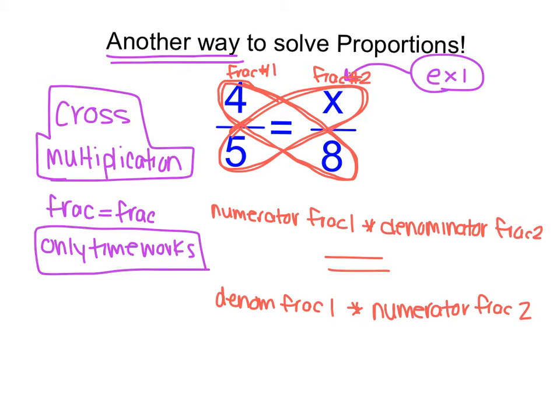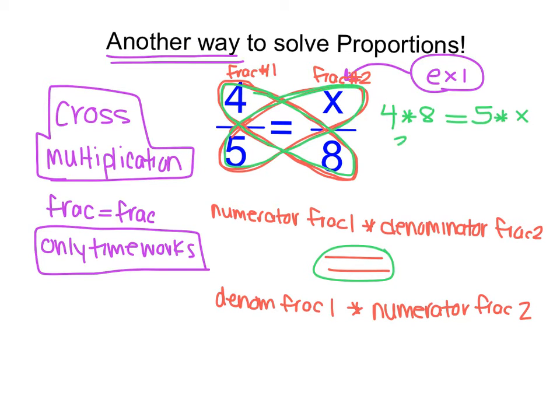So if I write this out over on the side, I take fraction 1's numerator times the other denominator, that's 4 times 8. That is then set equal to 5 times x. So we're able to write a different equation by using this cross multiplication strategy.